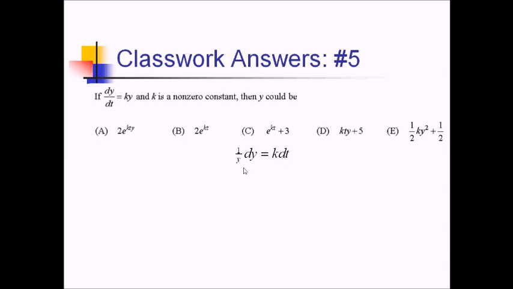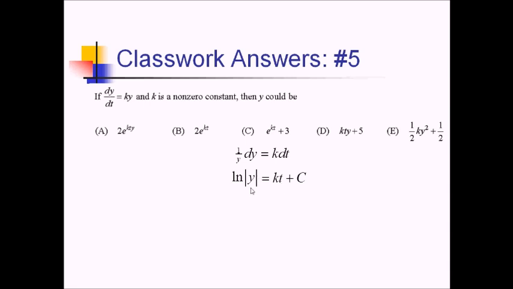All right, taking the antiderivative of both sides, we're going to have ln absolute value of y on the left side. On the right side, this is just a constant k here. So this is just k times t, all that plus c. They did not give us any kind of initial condition to our differential equation, but we still have to figure out what this looks like when we isolate y.